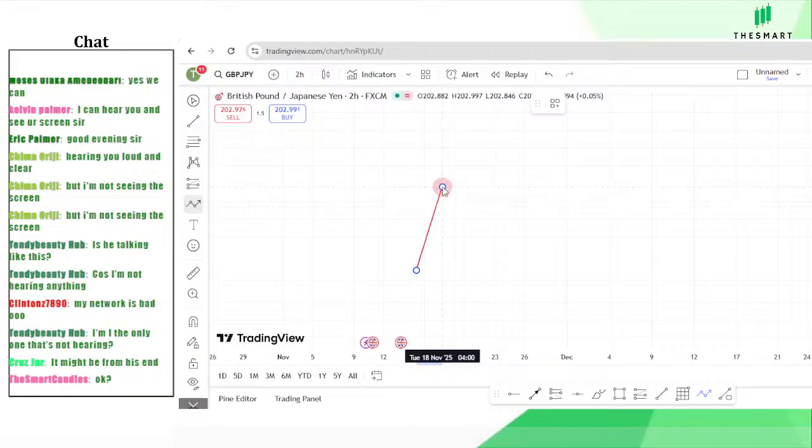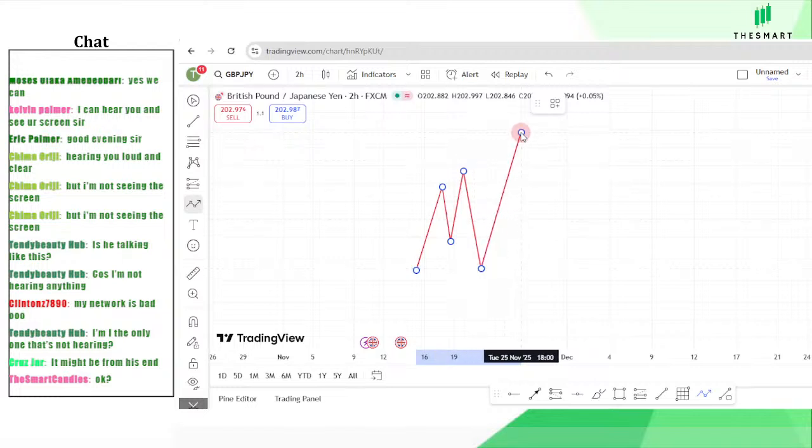And you have your inducement created at this level, and price comes back into this, mitigates this other block, and you see a reaction to the upside. Now, price gives you another level to take a trade from, and you're expecting to take this from this level here, from this other level.